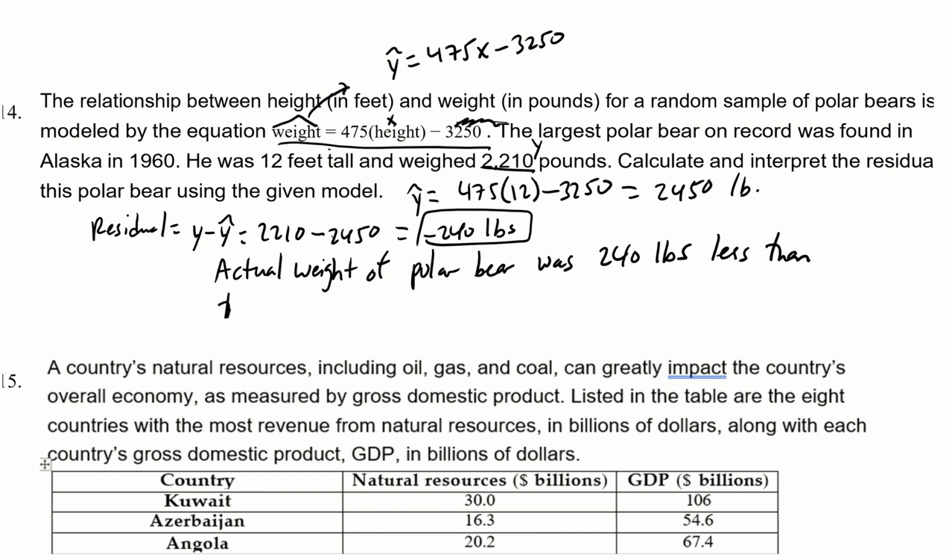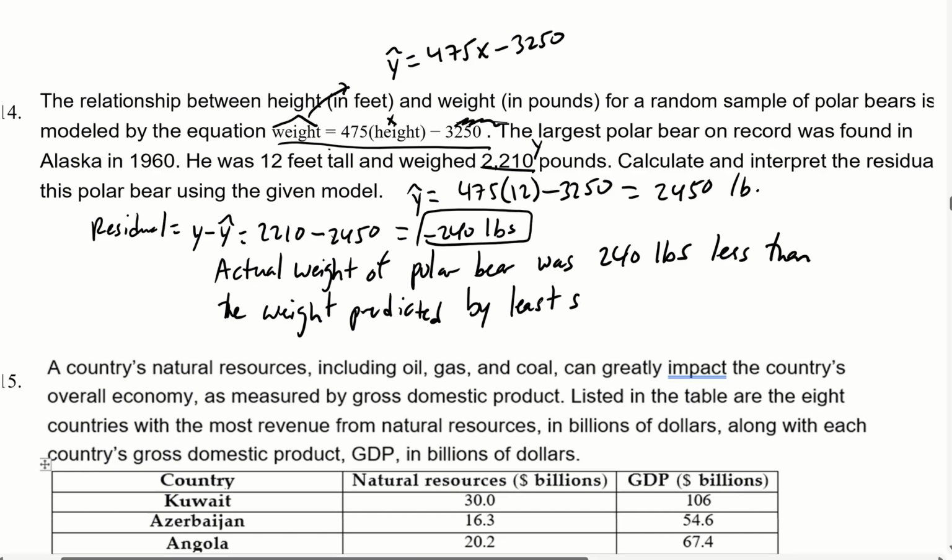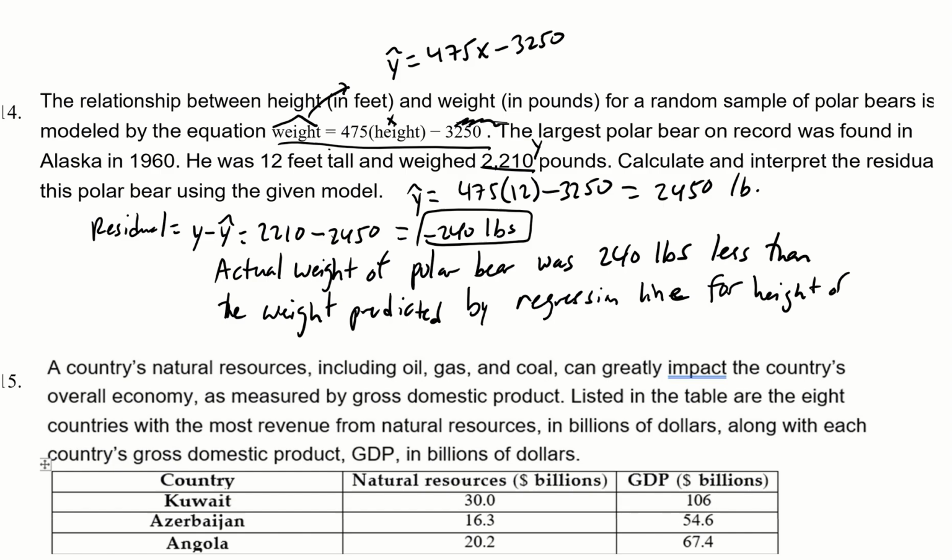Less than the weight predicted by the regression line for a height of 12 feet.